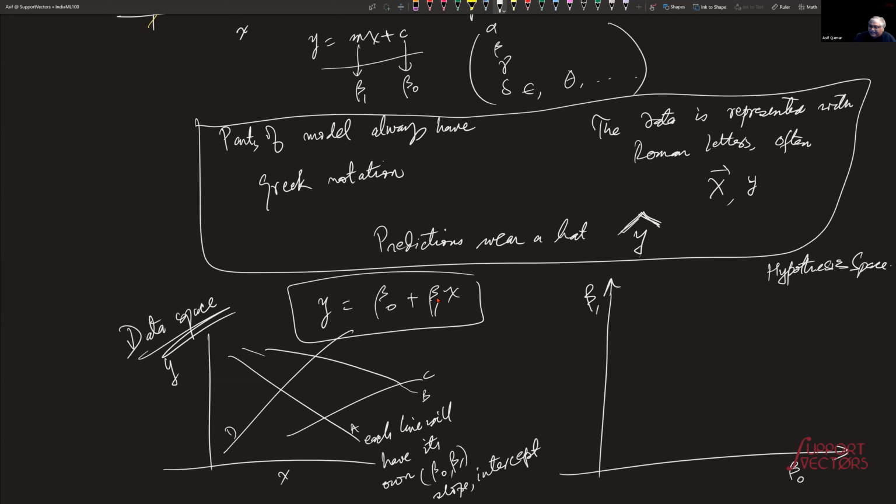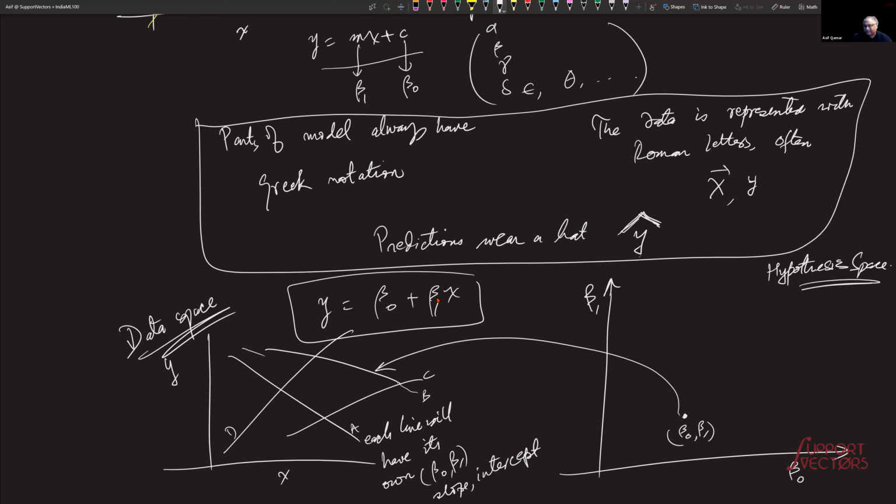So you realize that each point here is a unique value of beta naught, beta 1, and so it represents some particular line in the data space. And this is a crucial observation, actually. There is a relationship between data space and hypothesis space. In the data space, you see data. In the hypothesis space, each point represents a hypothesis, a possible solution to your problem, right?